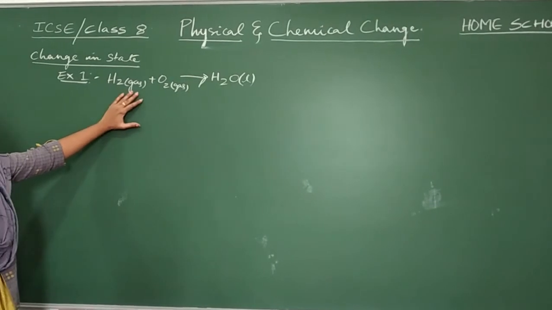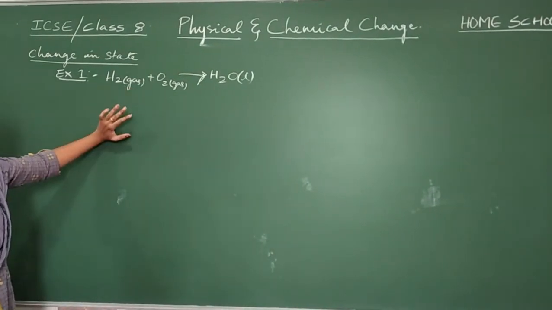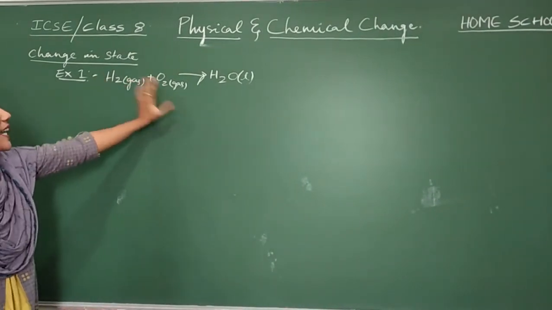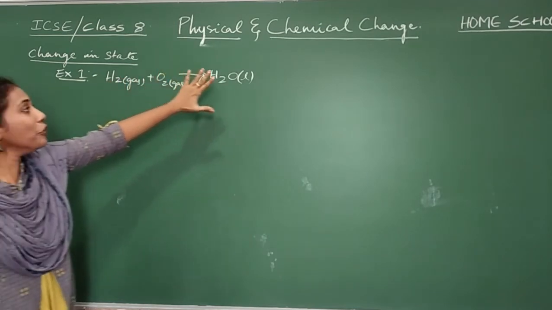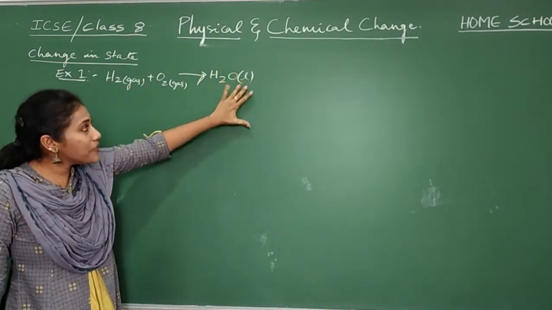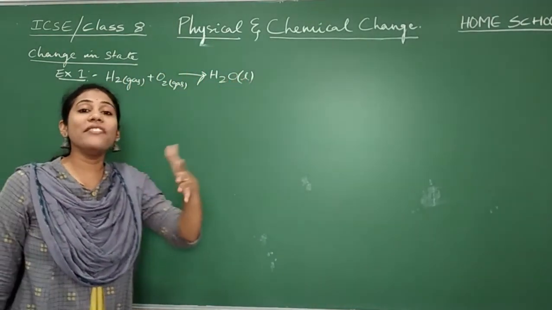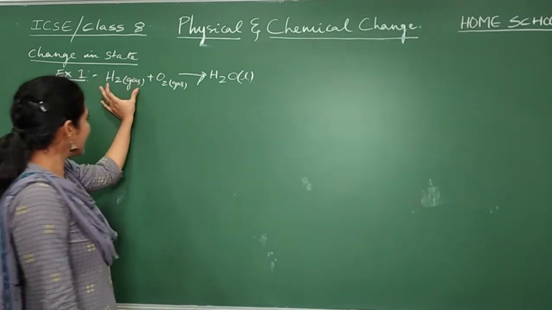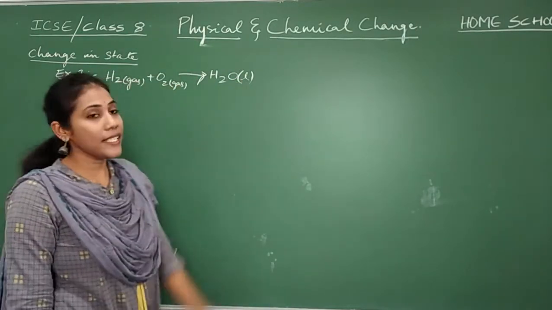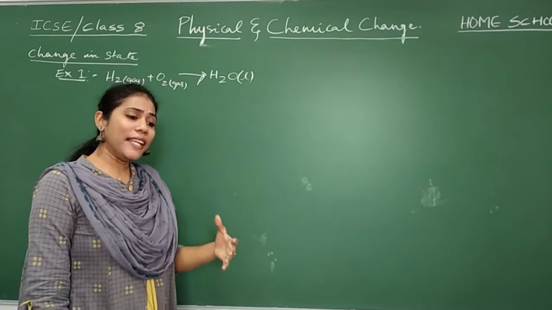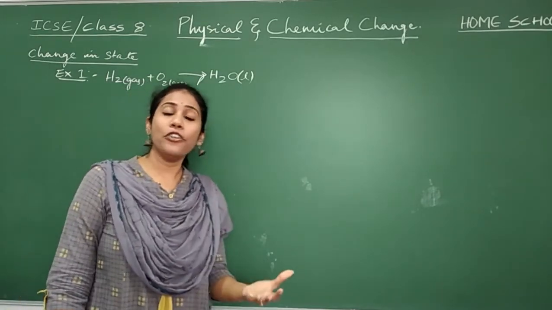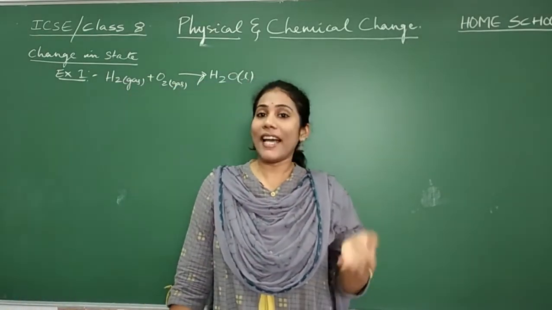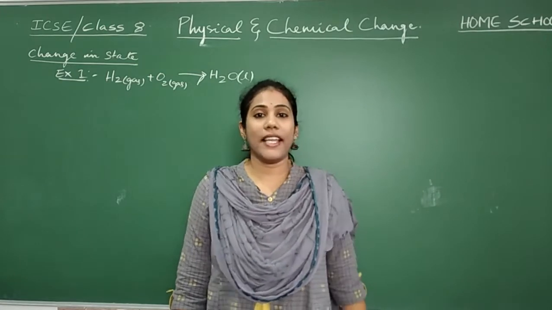So what is happening here? Change in state you can observe here. Two gases, when they combine, form a liquid product. Here the reactants are gases, but the product is a liquid. So by change in state also, you can tell that a chemical reaction happened.